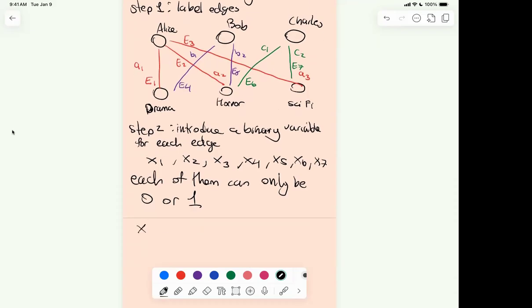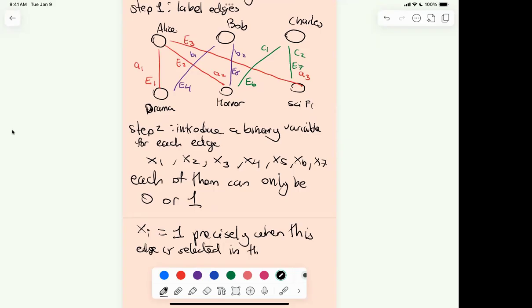So xi equals 1 precisely when this edge is selected in the matching, and is 0 otherwise.